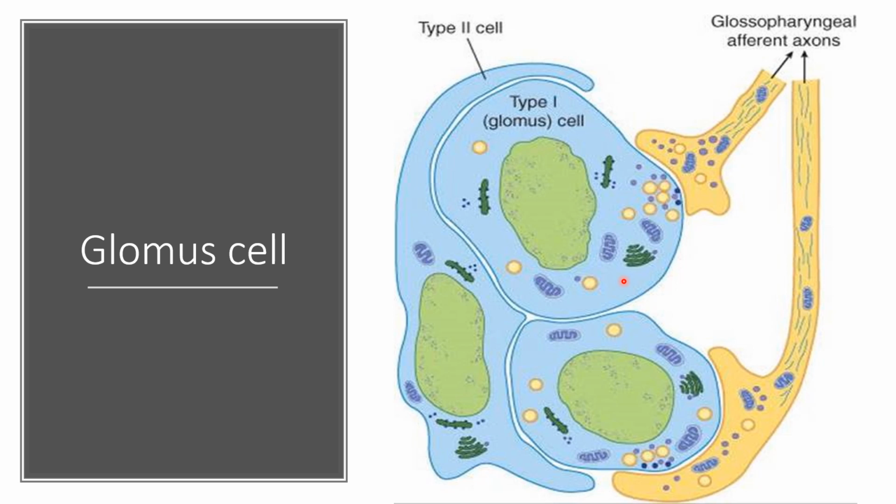Dopamine released from the glomus cell acts on the D2 receptor of the ninth nerve, the glossopharyngeal nerve, and this sensation is taken up to the dorsal respiratory group of neurons.